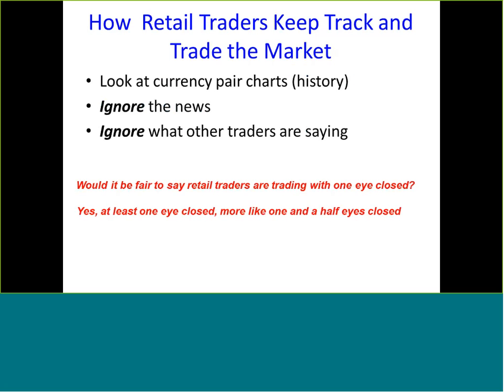In my opinion, at least one eye closed, more like 1.5 eyes closed, because all they're looking at is a historical chart of the linear price movement of the currency pair without relating it to anything or having any knowledge of what they're doing beyond looking at a chart and then learning some interpretations of the historical chart, and that is completely their basis for trading.